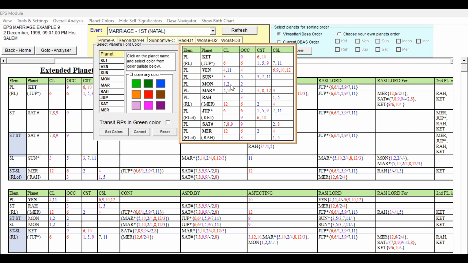So Lagna lord, second lord occupying the second house is good. So let us give Moon green color.